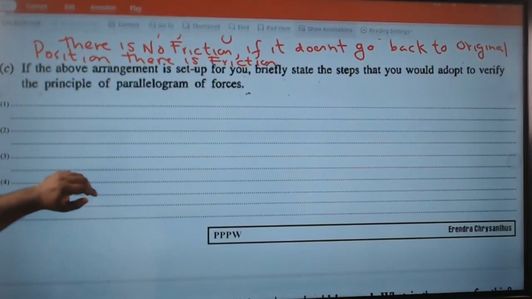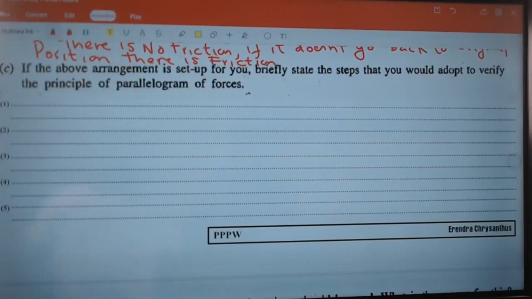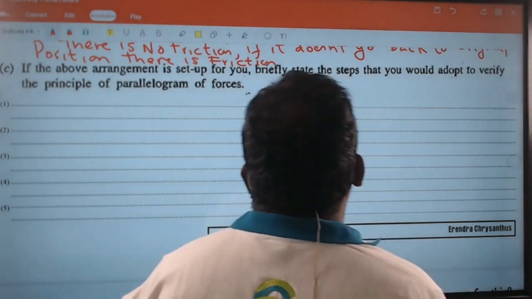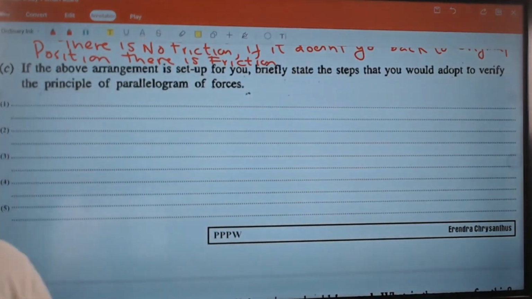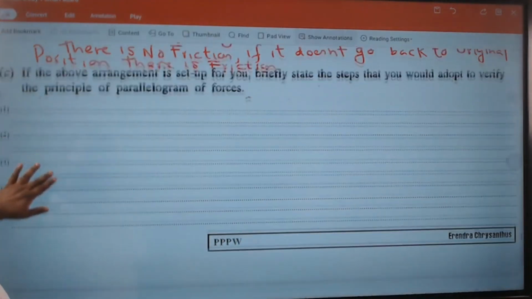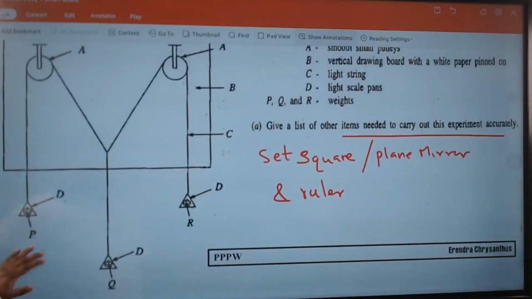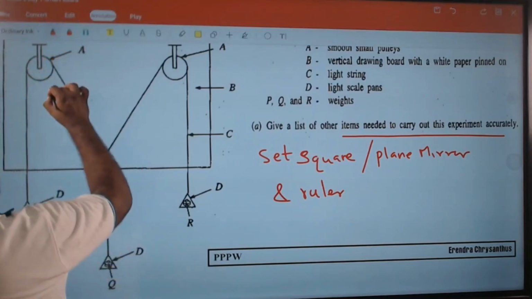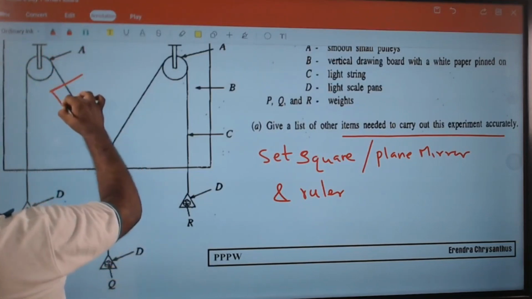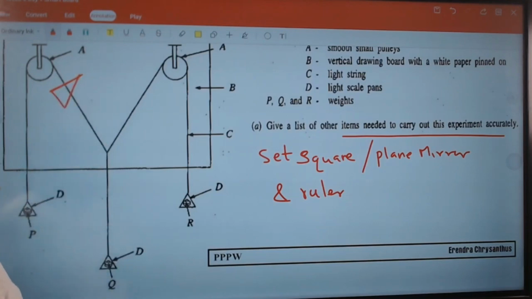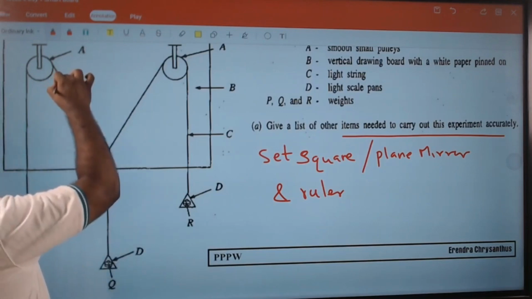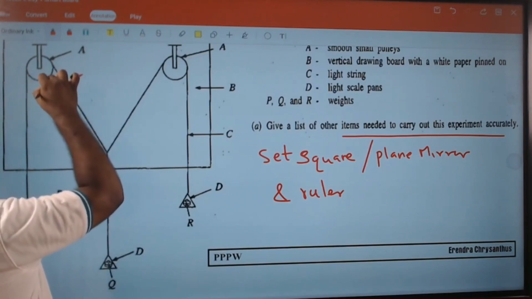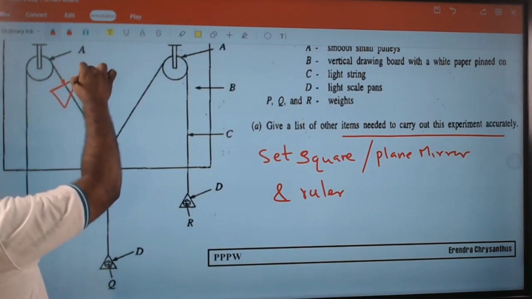Next one. If the above arrangement is set up for you, briefly explain what you would do, what you would adapt to verify the principle of parallelogram of forces. What do you do? Place a set square perpendicular to the string and mark a point on the sheet of paper.